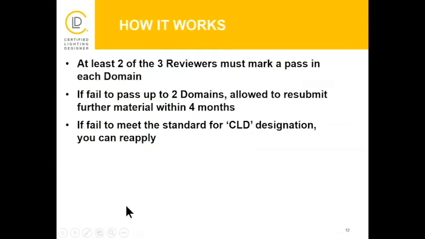So you've got to get 2 of the 3 reviewers to mark it. And if you fail a few domains, then you can resubmit with further material within 4 months. Now, if you do fail, one of the things that the reviewers will provide is quite detailed feedback as to why you haven't got through, and that should give you the information to help you to resubmit.